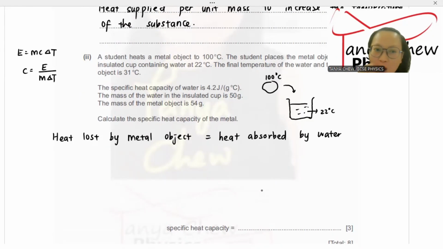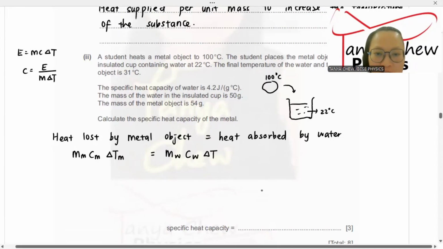Now, heat lost by the metal object: I put mass of the metal, m_m means metal, specific heat capacity of the metal, the change in temperature of the metal object, is equal to heat absorbed by the water: mass of the water, specific heat capacity of the water, and the change in temperature of the water.